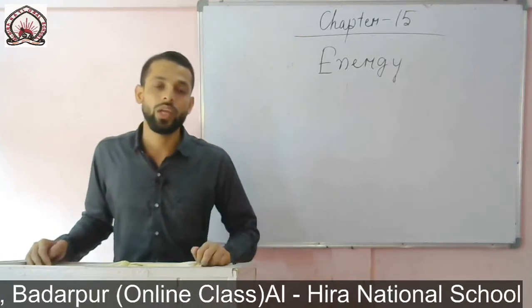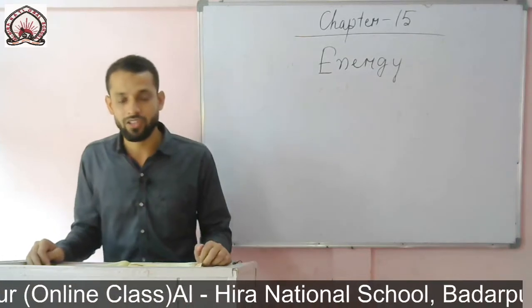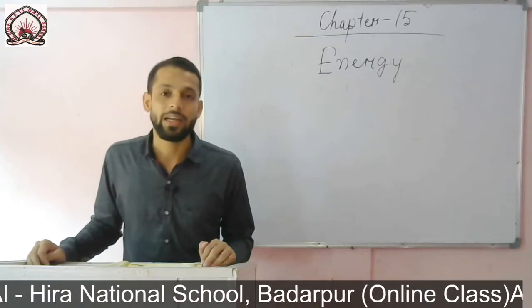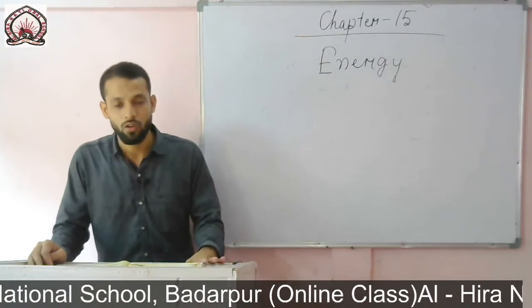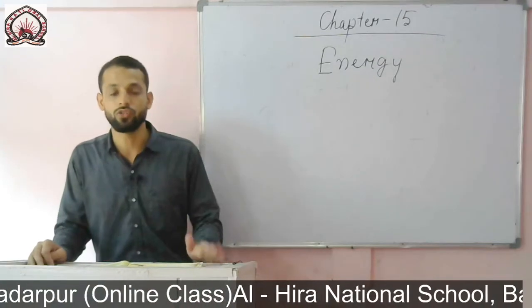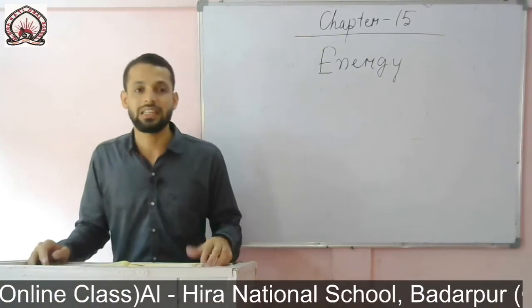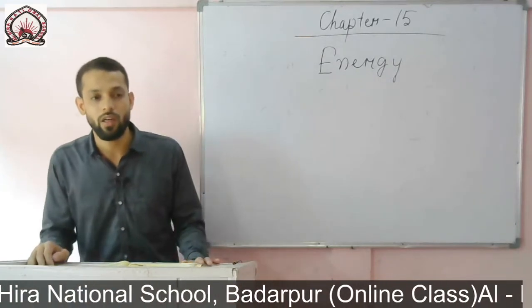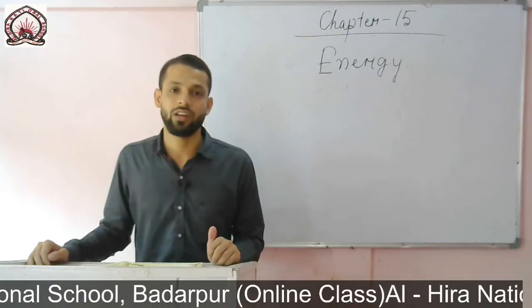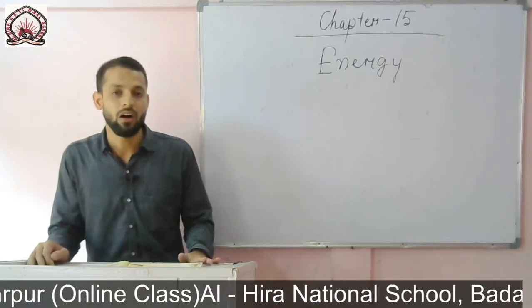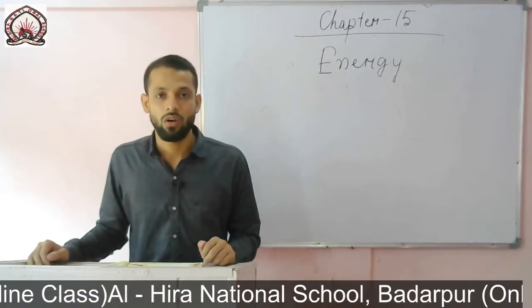That means we human beings, all living beings, or we can say all animals, directly or indirectly depend on plants for food. So we can say that food provides us the energy to continue our life and to carry out the different work which we have.